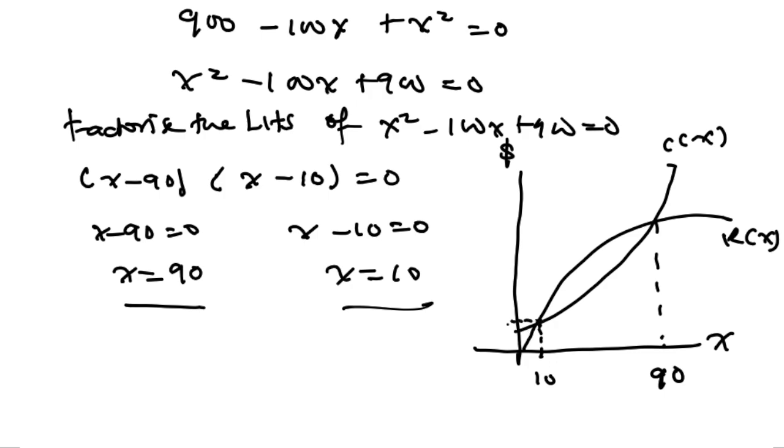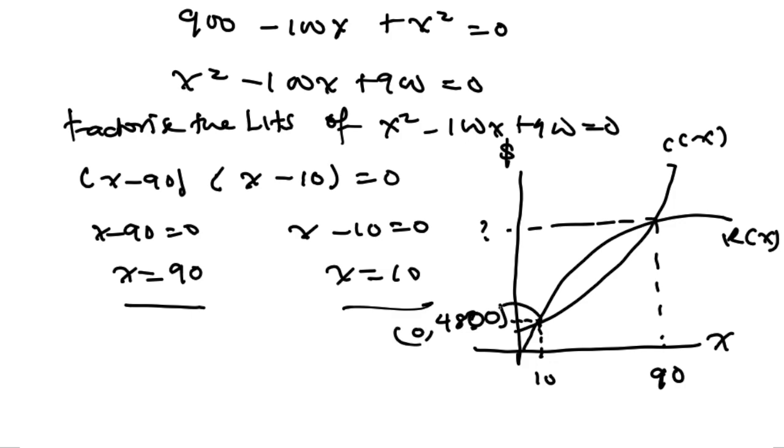So with 10, what value do you get here? With 90, what value do you get here? With 10, if you put it back into C or R, either one of them, you're going to get the value of cost or revenue equivalent to 4,800.